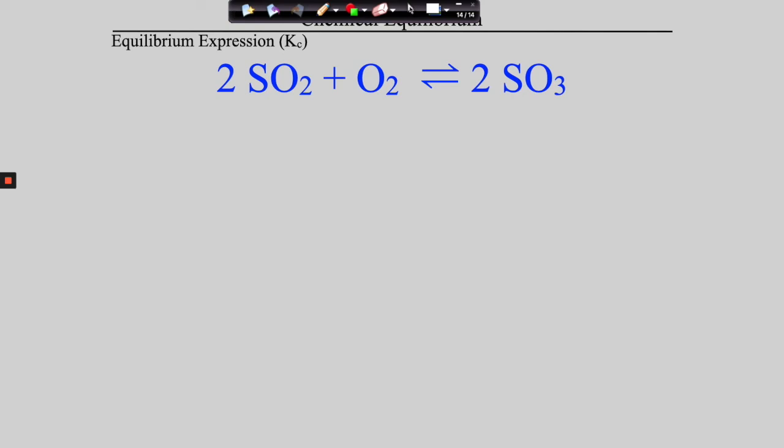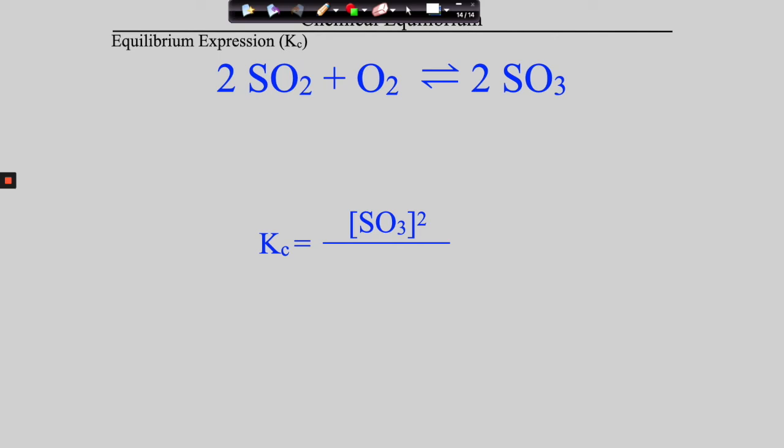So guys, given this balanced equation, let's write the Kc expression together. And you'll notice in your notes, you have some words and some fill in the blanks that you need to leave. Let's go down below. So guys, writing the Kc expression for this balanced equation, we understand, first of all, that the products are on top.